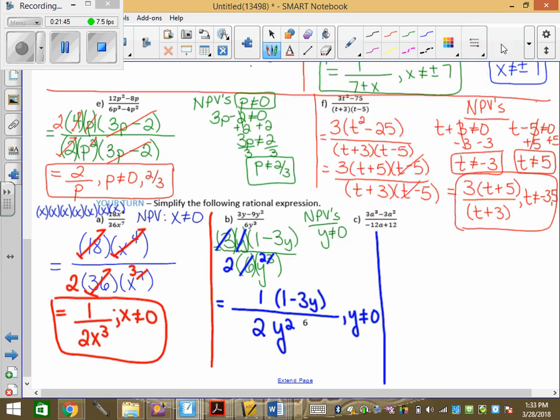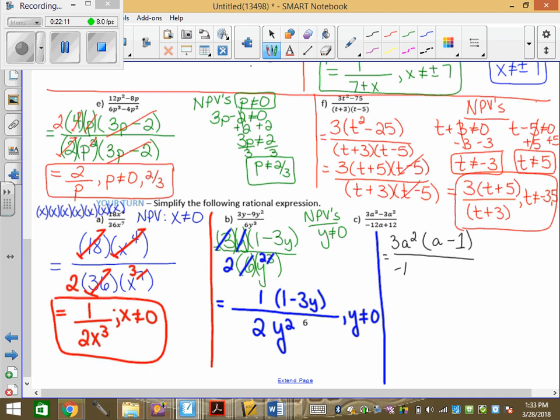Okay, I have 3a cubed minus 3a squared. What could I take out? A 3a squared. If I take a 3a squared out of 3a cubed, I'm left with a. Minus 3a squared divided by 3a squared, I'm left with a 1.